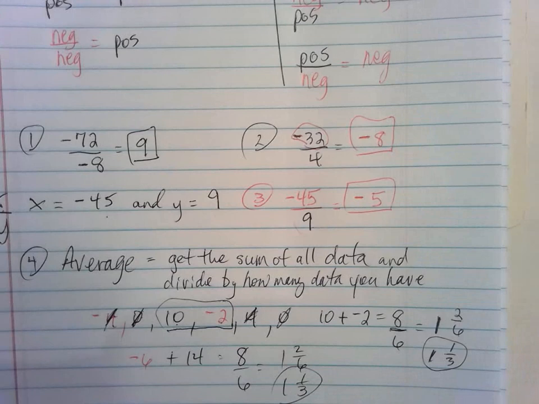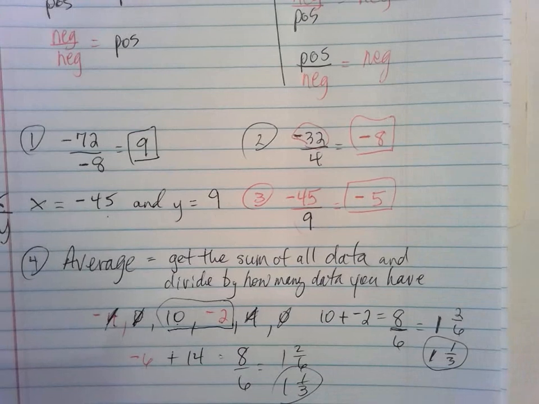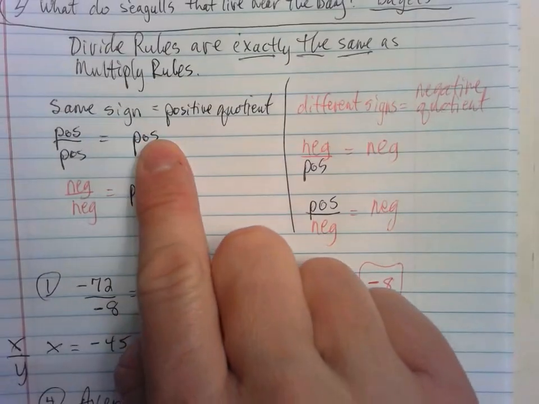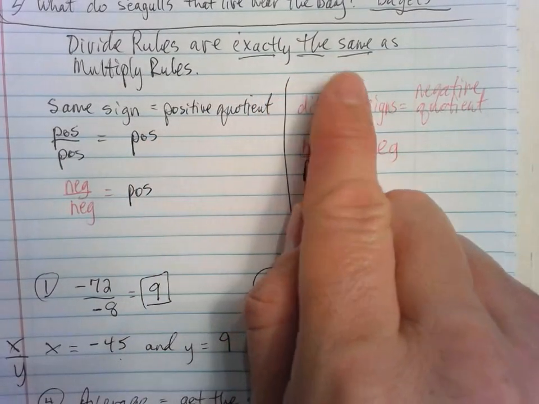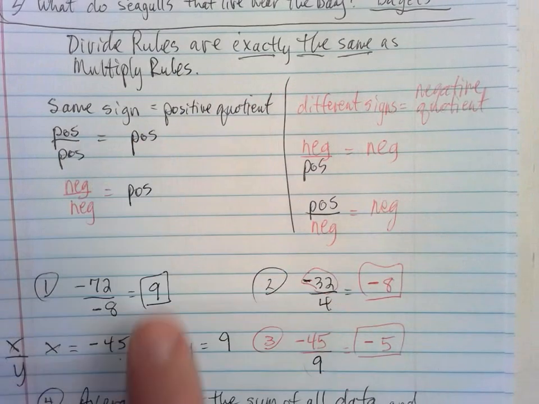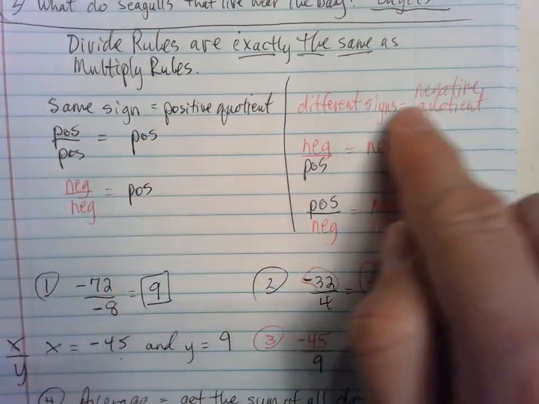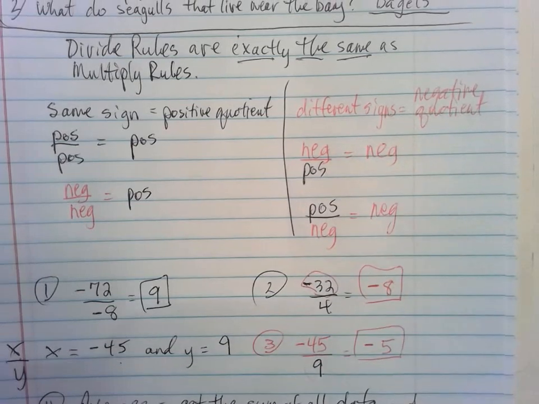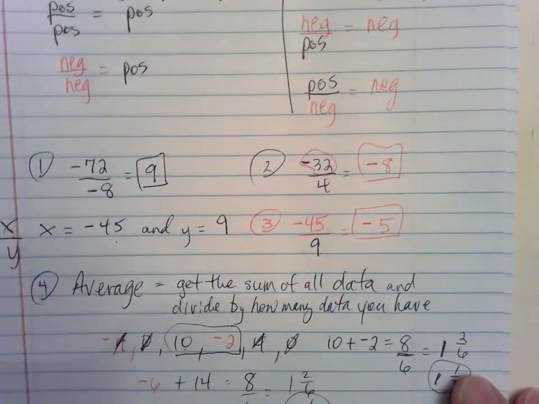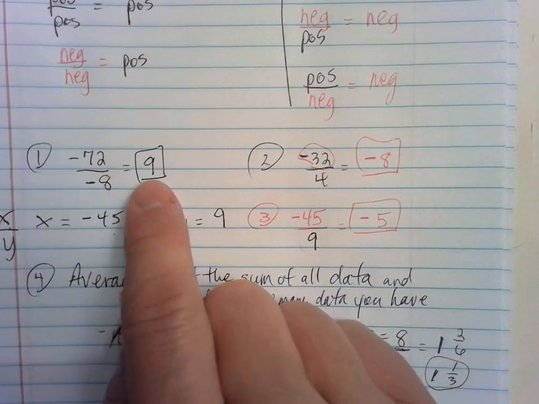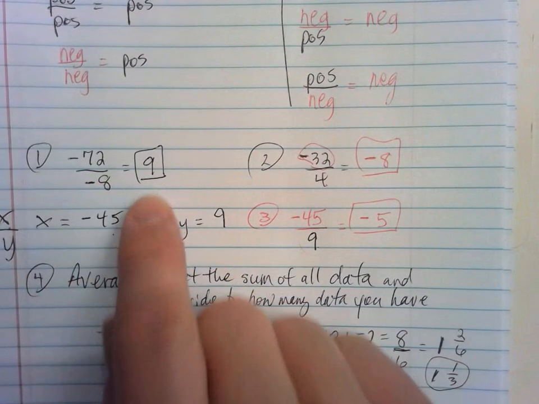Alright, so that's about all there is to it, okay? So remember, the divide rules and the multiply rules are exactly the same. So if you know the multiply rules, same signs give you a positive, different signs give you a negative, okay? Same for division. So here we did a negative divided by a negative as a positive.